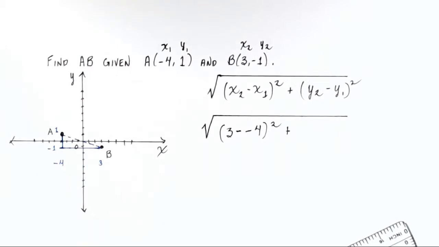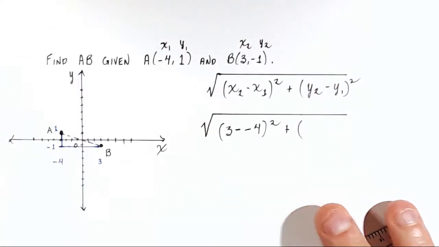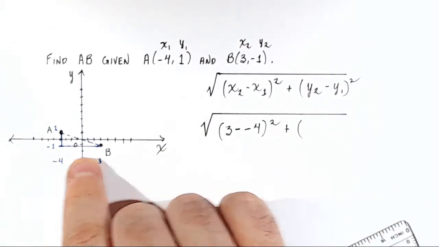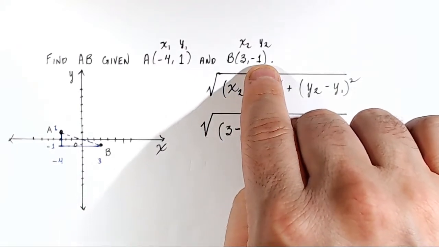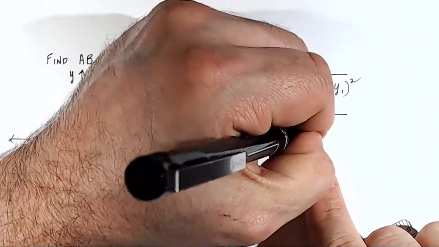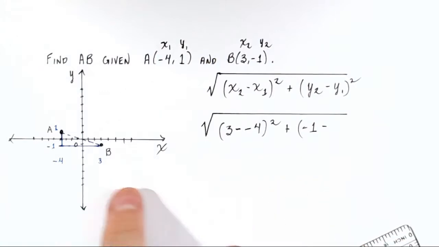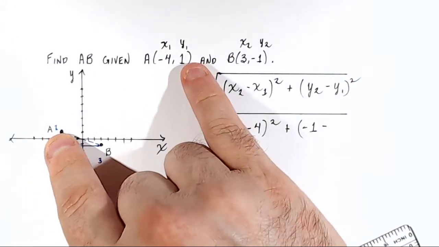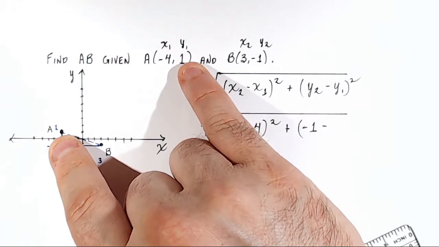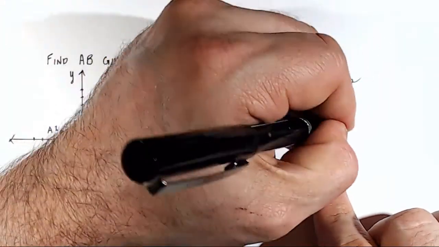Let's see if any of this comes up when we work on this formula here. First, let's plug in the values. Y2, whether we look at the B coordinate, which is negative 1, or at the coordinate pair itself, we put negative 1 right here. Minus Y1. Whether we look at the picture or the coordinate pair, you see that the Y1 coordinate is 1. So we put a 1 right here.